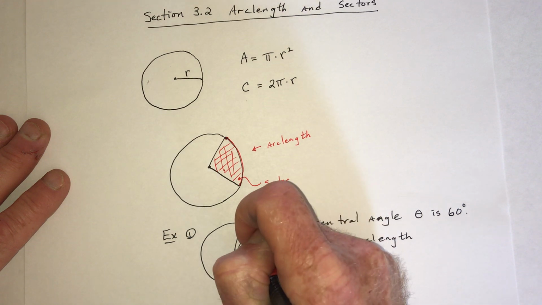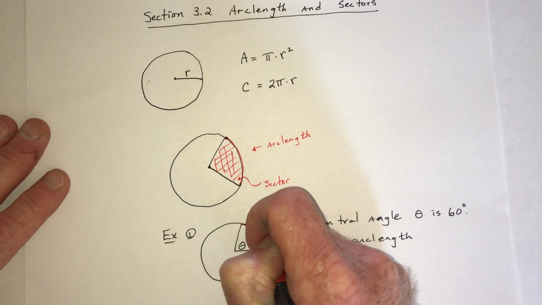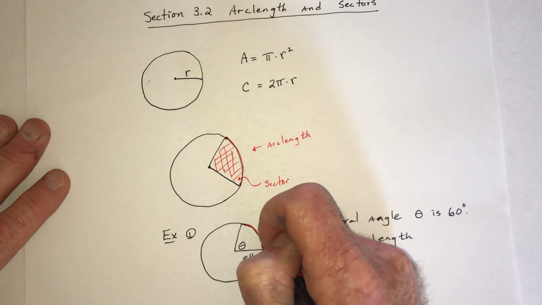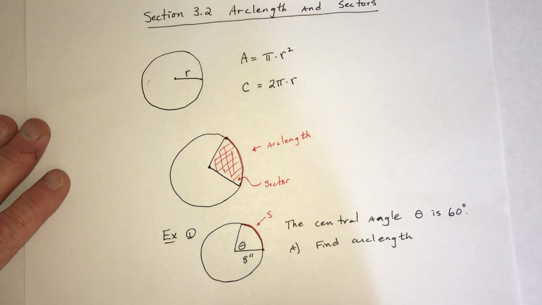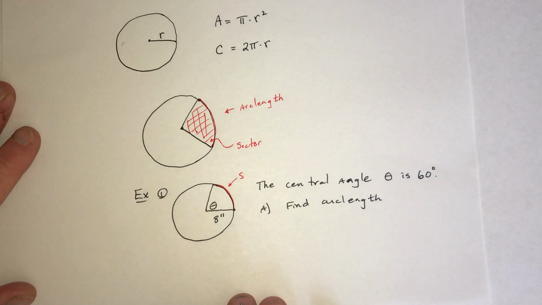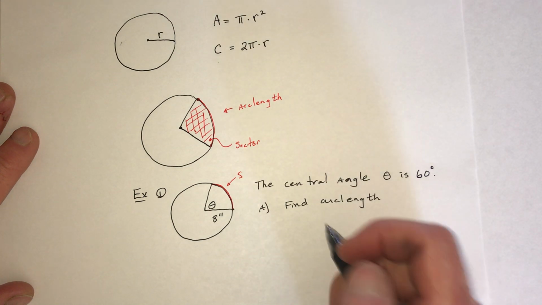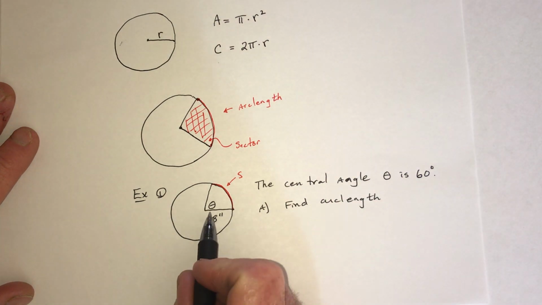So in other words, what's this length right here? And arc length is sort of long to spell out each and every time. So instead, we use the letter S for arc length. Okay, so one way to do this is, if this is 60 degrees, that's just a fraction of the whole circle.